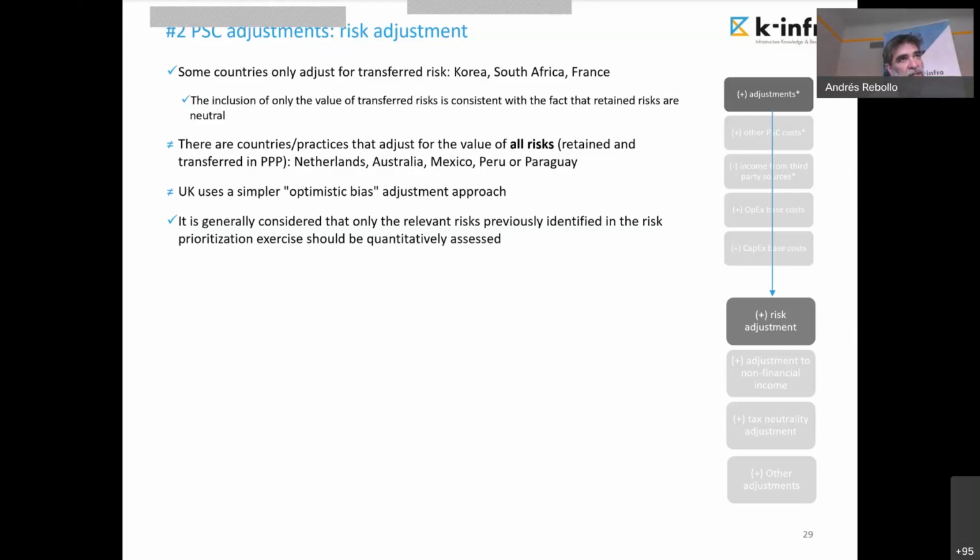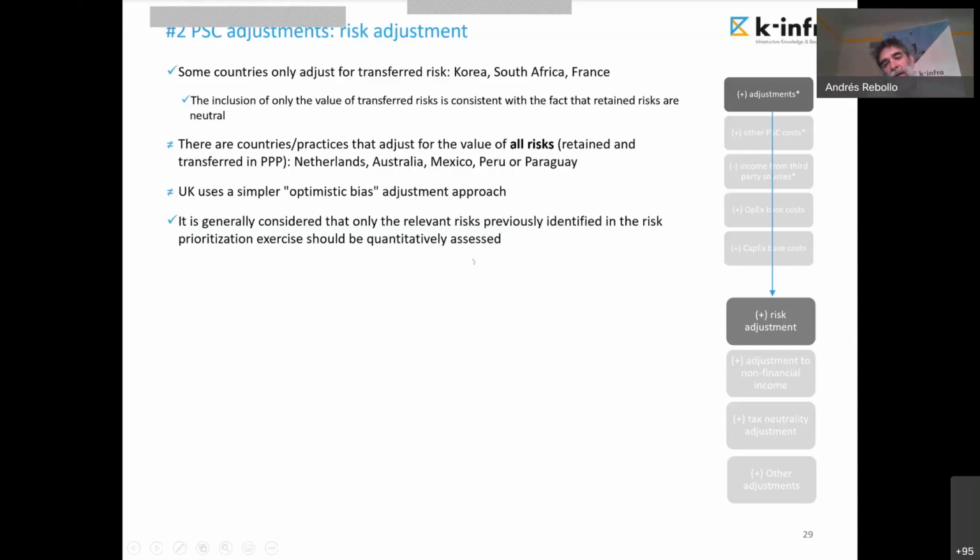In a risk matrix, I will say availability risk in the availability payments, of course, transfer. But I should not put a value of that risk transfer to adjust the PSC, okay? Because I am not saving any money in that risk transfer. Okay, if we have time, we can discuss about this later on.